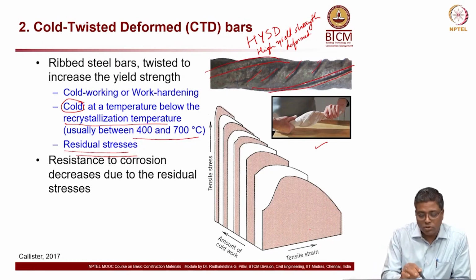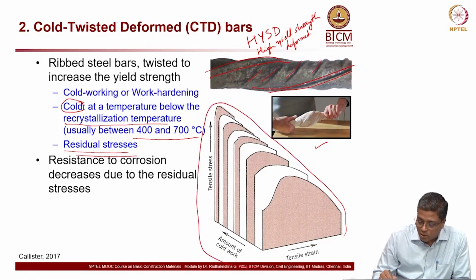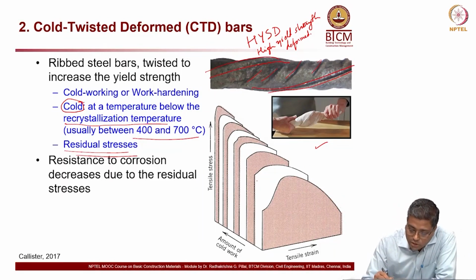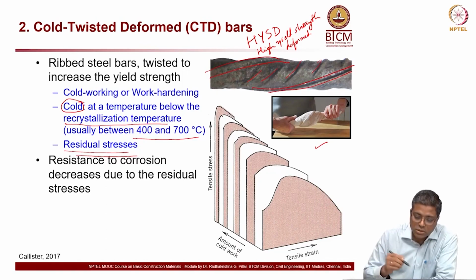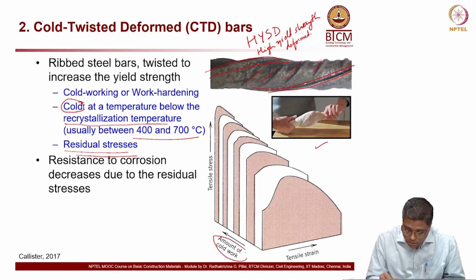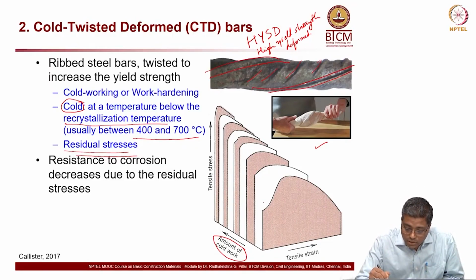Before going more into that, let me tell you what happens when we do this deformation, or cold working. This graph indicates that. As the tensile strain is more, and as the amount of cold work is increased, the yield strength is increased.